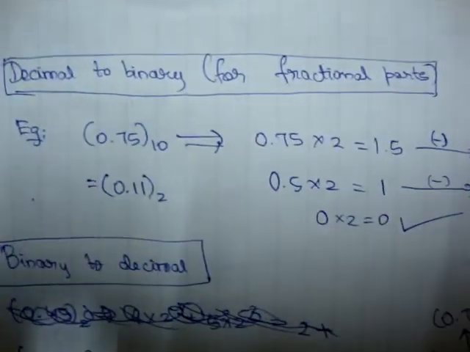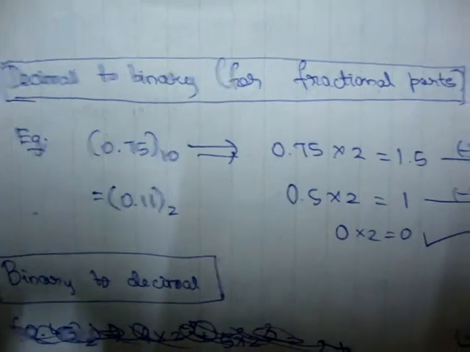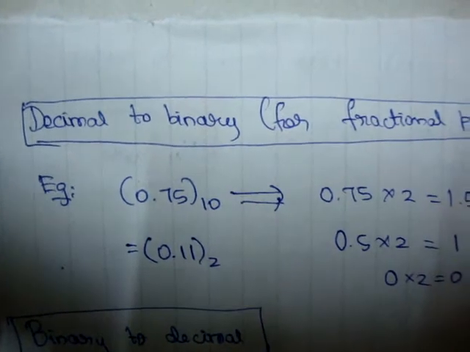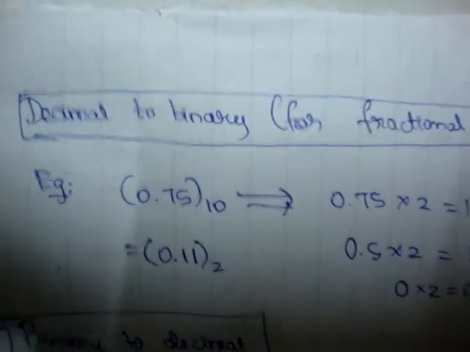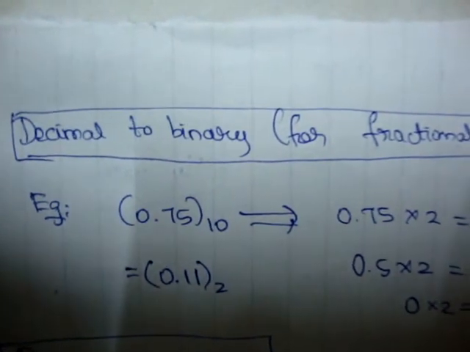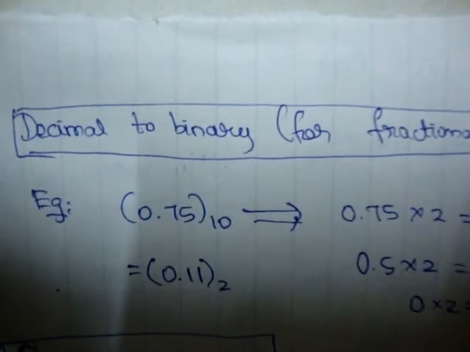First, I'm going to explain the decimal to binary fractional part conversion. Let us consider an example of 0.75 base 10, a decimal number.